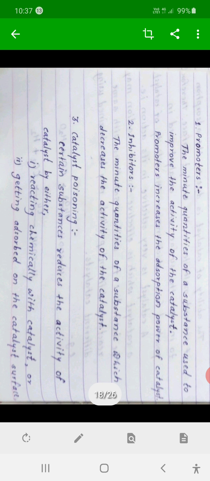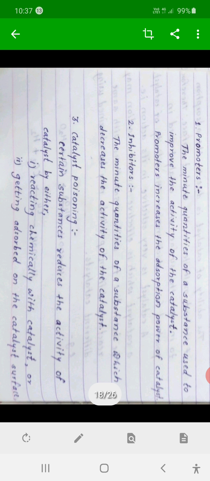Then inhibitors. Minute quantities of substances which decrease the activity of a catalyst are known as inhibitors.